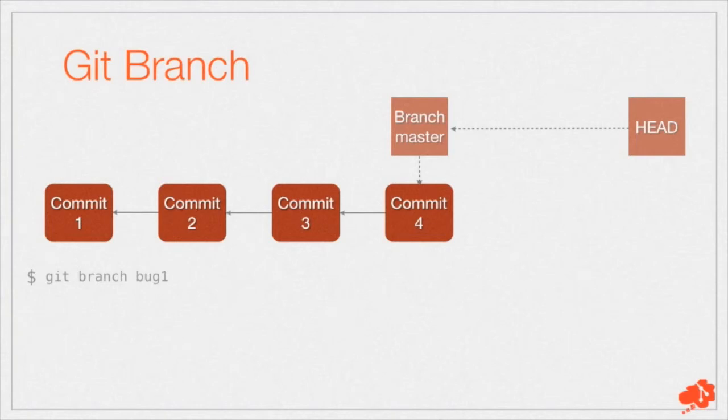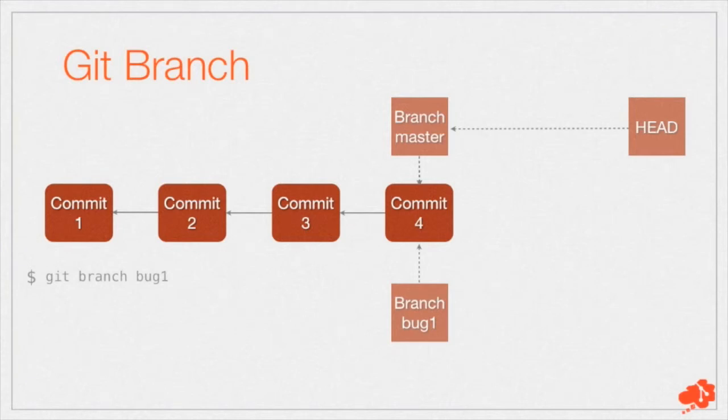So you create a topic branch called bug1 to do your changes in. What branch does is it looks at the current head and creates a new branch pointing to that same head. So in this case, you now have a new branch or linked list that just points to commit 4. So really, branch master and branch bug1 have the same commit history at this point.